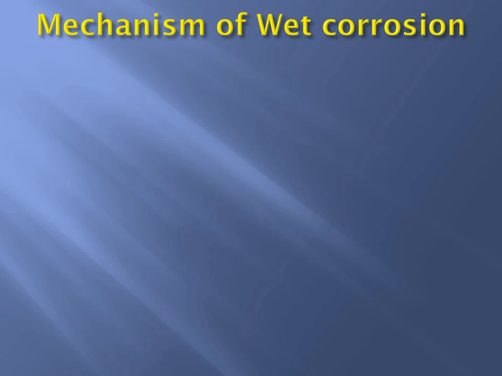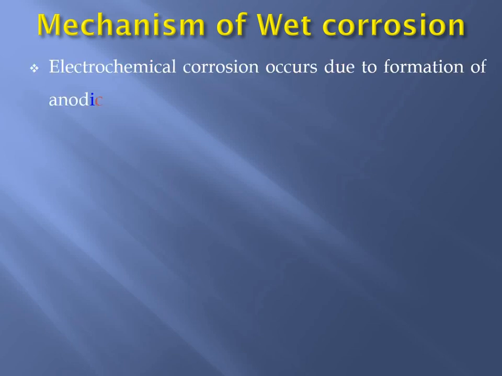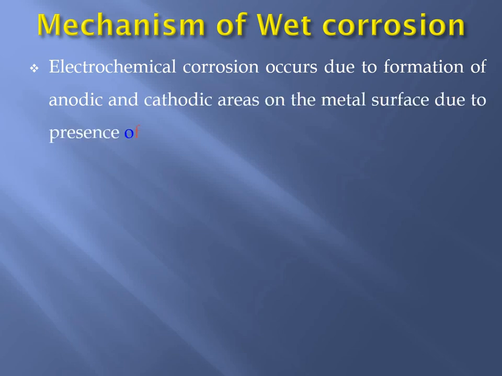Wet corrosion is a type of corrosion in which the metal undergoes corrosion due to formation of an electrochemical cell, a short-circuited electrochemical cell. So here the electrochemical corrosion occurs due to the formation of anodic and cathodic areas on the metal surface.